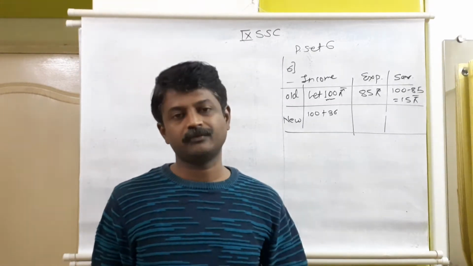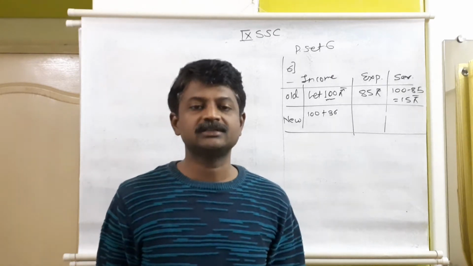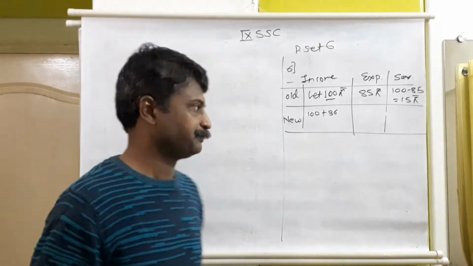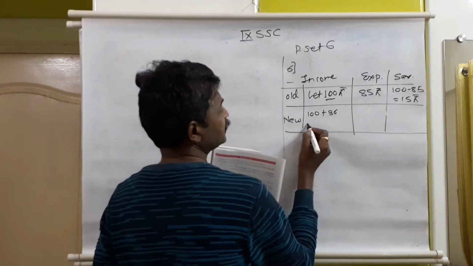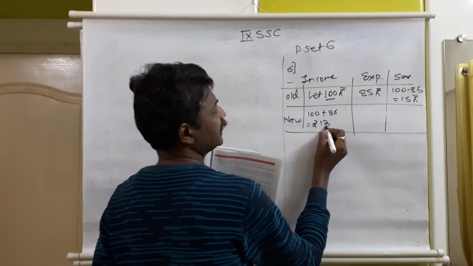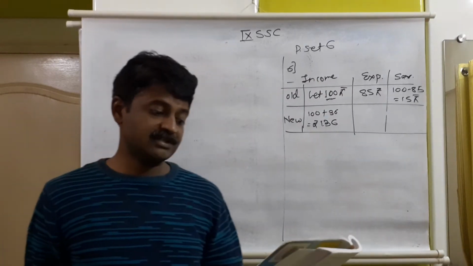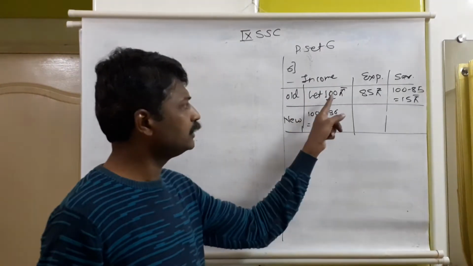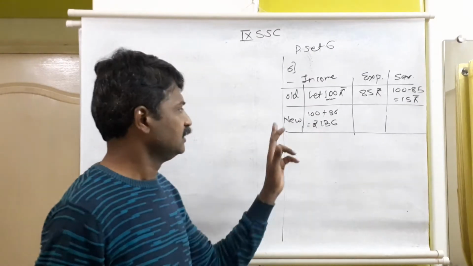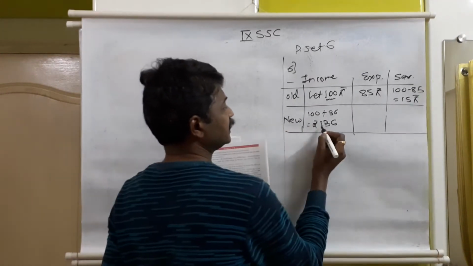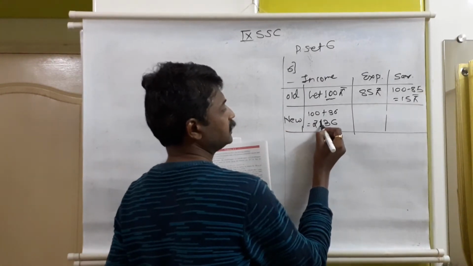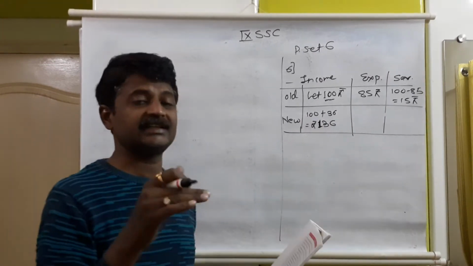By all the methods the final answer will be the same. So here 100 plus 36, rupees 136 will be his new income. Old income we consider 100, new income is 136, as per the information given that 36% is the increase.